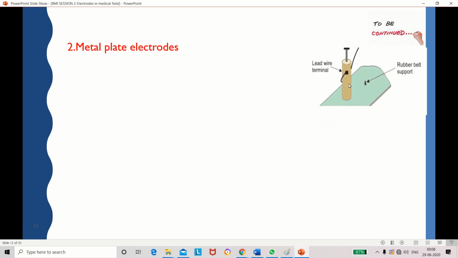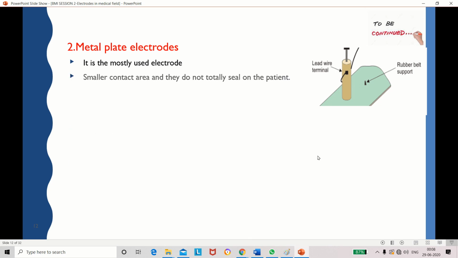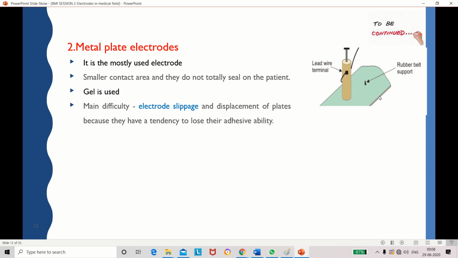This is the metal plate electrode. Here we have one conductor. Also we have one lead wire. The lead wire terminal is acting as a connector. This is the most useful electrode. It has a very small contact surface area, and here we apply gel before fixing the electrode on the patient.